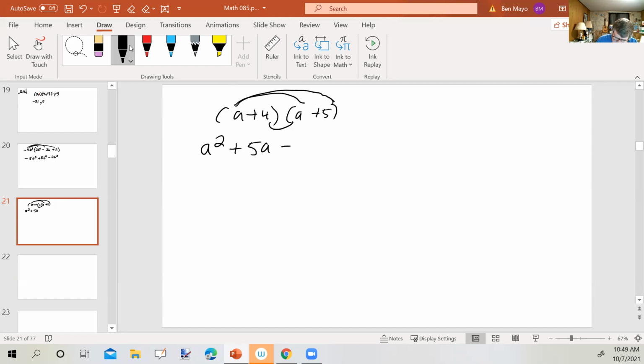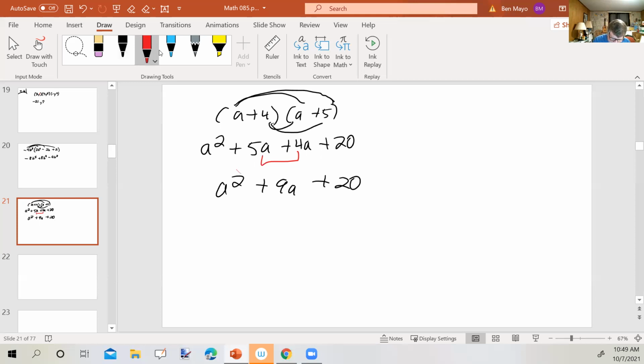The inner, 4 times a is 4a. And the last, 4 times 5 is plus 20. Then, combining like terms, a squared plus 9a plus 20. And notice I'm writing my answer in standard form, descending powers of the variable. A squared, a to the first degree, a to the 0 degree if you put it there, or no a at all if you want to think of it that way.